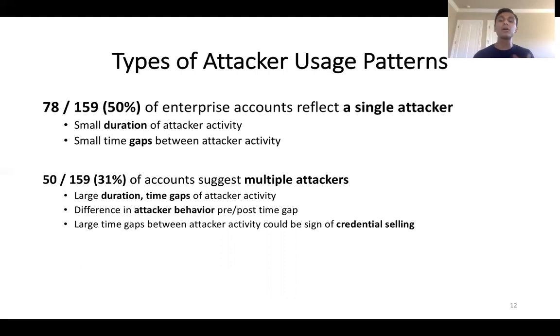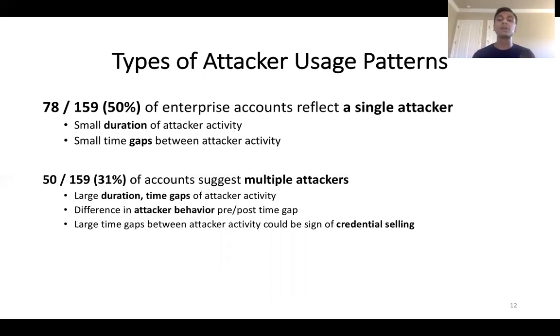Another hypothesis that we suppose is that because we're seeing multiple attackers, the large time gaps between the attacker activity could actually be a sign of credential selling, where one attacker compromises the account, and this large time gap is the transaction window where the first attacker is transferring or selling the credentials to another attacker.